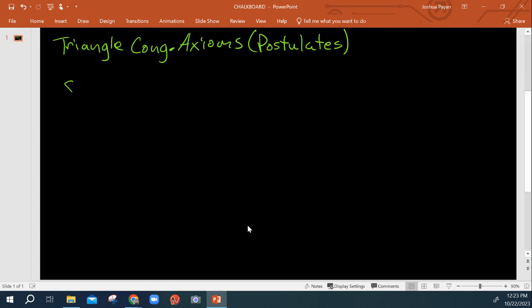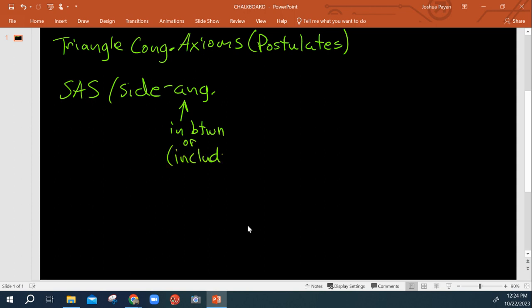Okay, and then we have side, angle, side. And you can already kind of guess this means so side, angle, this angle is in between now, or included, right? And you'll see what I mean here in a second. So side, angle, side, right?